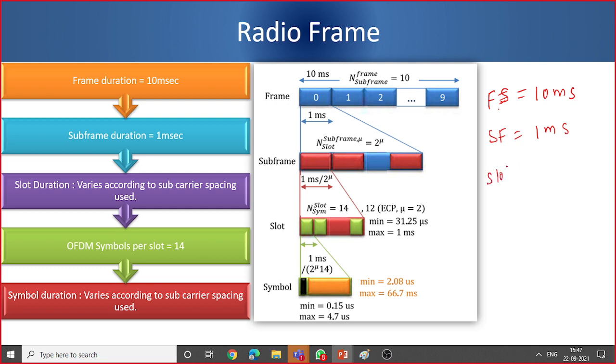After that, slot will be either 1 millisecond or 0.5 or 0.25 and so on, depending upon numerology. For numerology 0 this one, for 1 this, for 2 this, and so on. And your symbols will be 14 per slot. Is this clear, or do I need to repeat this?